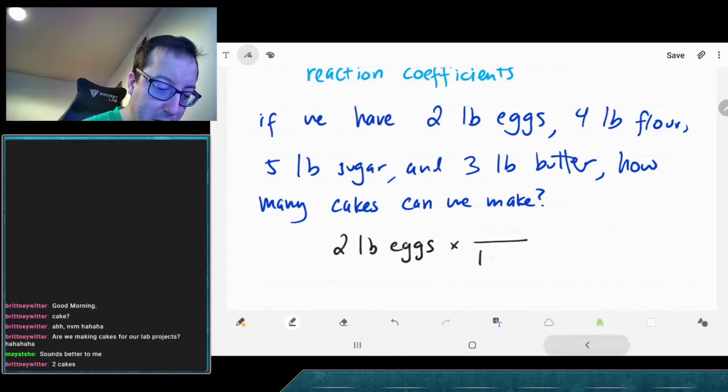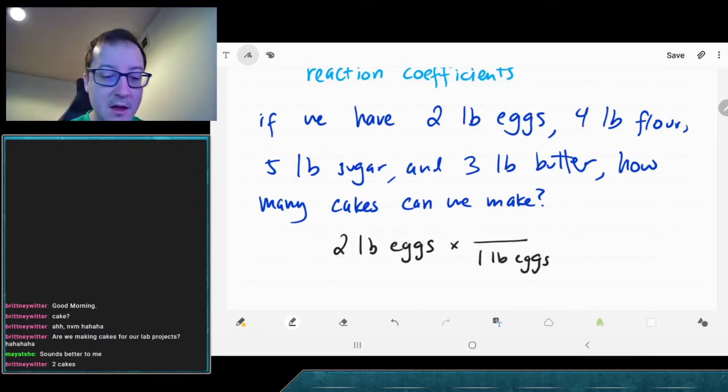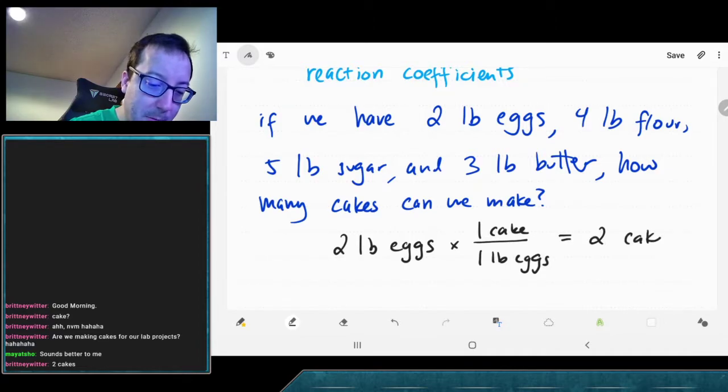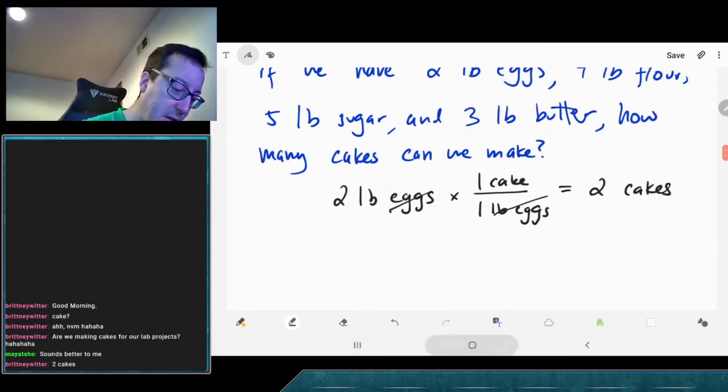We would know our recipe told us it was 1 pound of everything. I'm not going to scroll up just because all of them were 1 pound. And so this was 2 cakes. Again, our pound of eggs cancels out. We're left with cakes. If we do the same thing for the others, flour is next, sorry.